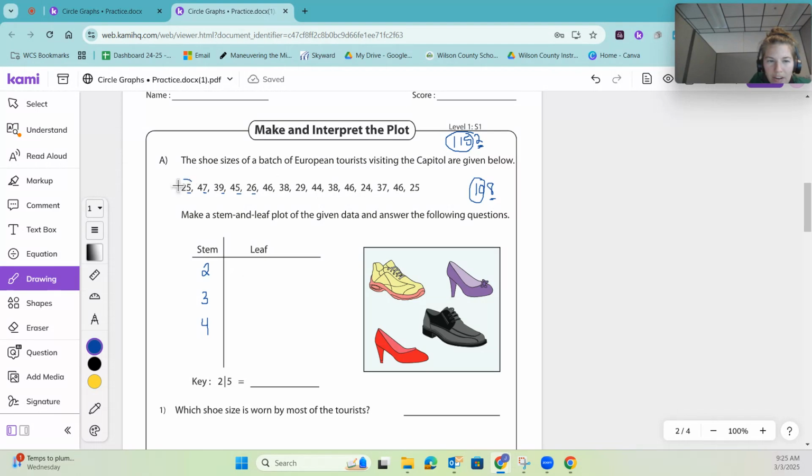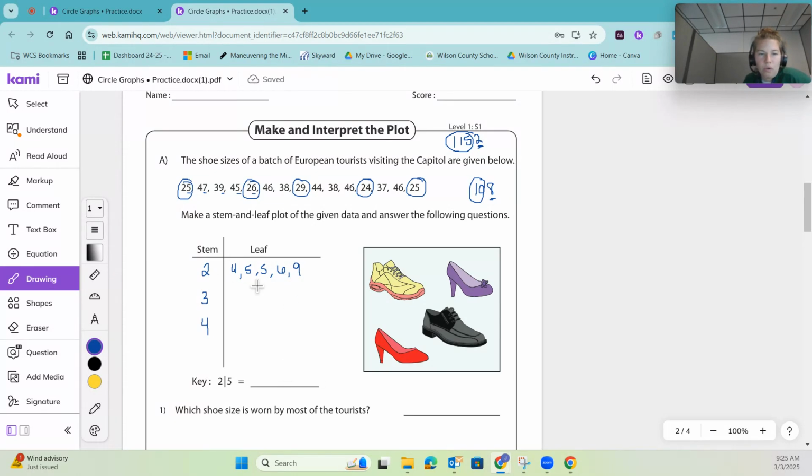So I'm going to go through and circle my 20s so they stand out for me. 4 is my smallest, so I'm going to do 4, and then I have 2 25s, and then I have a 26 and a 29. So you can see that this data represents 24, 25, 25, 26, and 29.